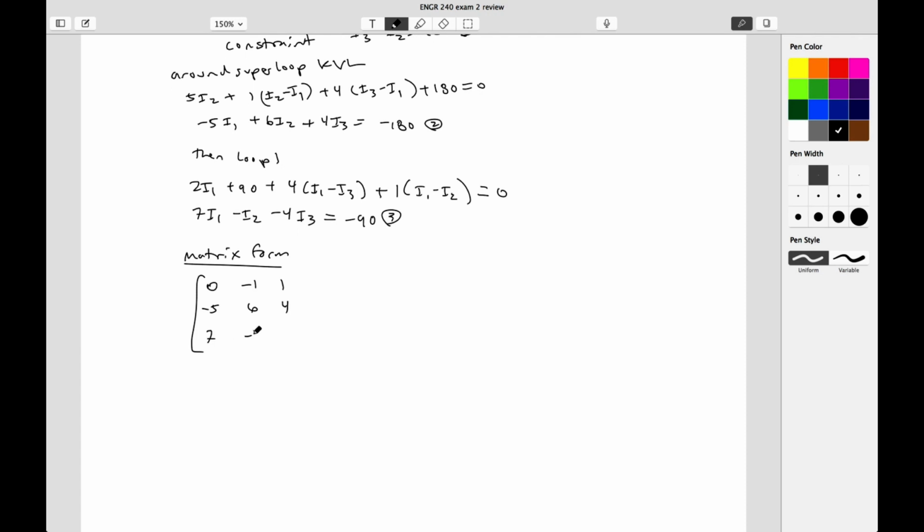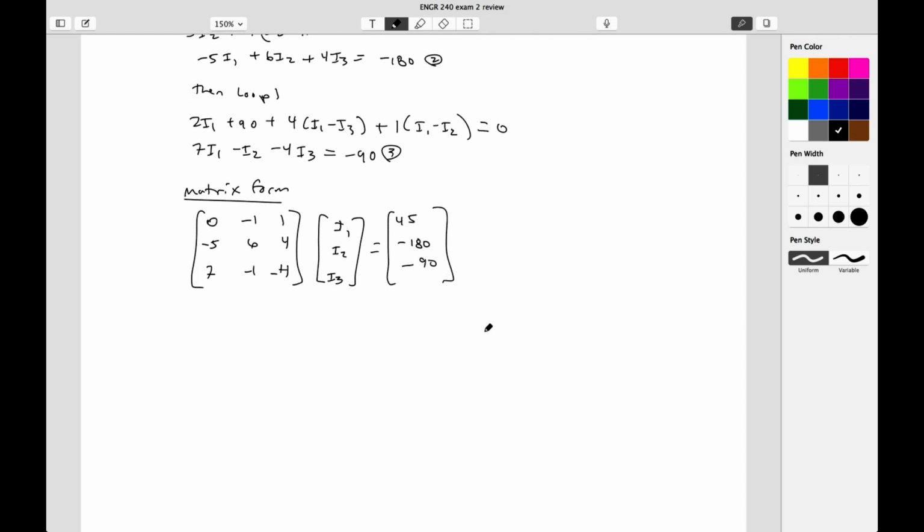Third is 7, minus 1, minus 4. And the variables are I1, I2, I3, which is equal to 45, minus 180, minus 90.